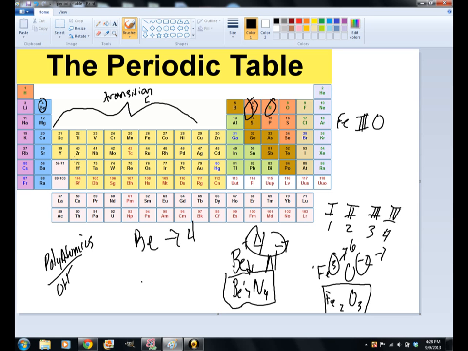Pretty much it. Essentially, what you need to learn is every one of these wants to have 8 in their outermost layer. That's 8. This is 8, noble gases. So if you have 7 in your outermost layer, then you want 1 more. If you have 3, you're going to try to lose 3.